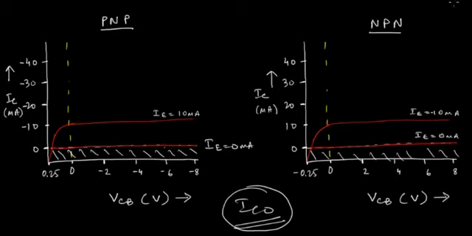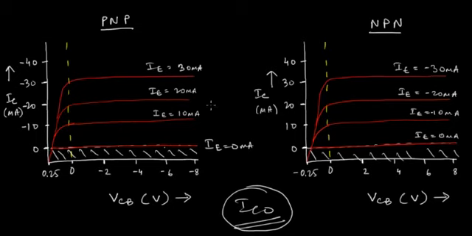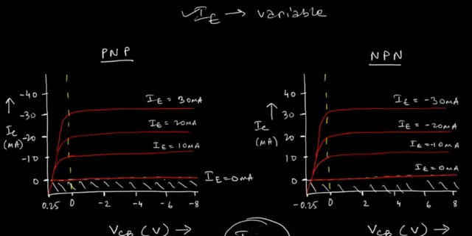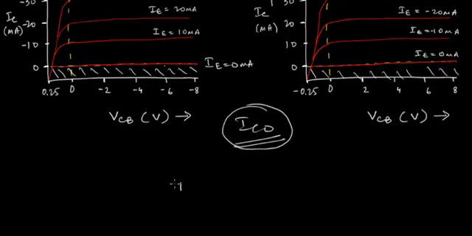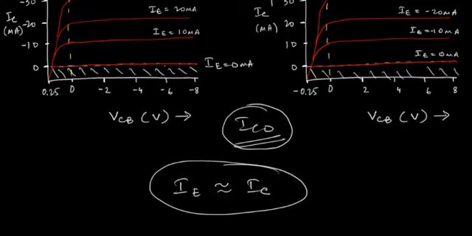If we increase the forward bias voltage on the emitter base terminals further, increasing IE to about 20 milliamps or 30 milliamps, the collector currents become strikingly equal to the emitter current. From these output characteristics, we come to the conclusion that the emitter current is approximately equal to the collector current for the common base configuration.